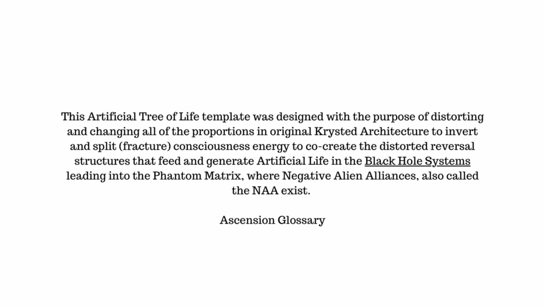The races in the Phantom Matrix cut themselves off from their original connection to the eternal fields of living light. And they did that so they could rule in an artificially created system. So they could basically be their own boss.